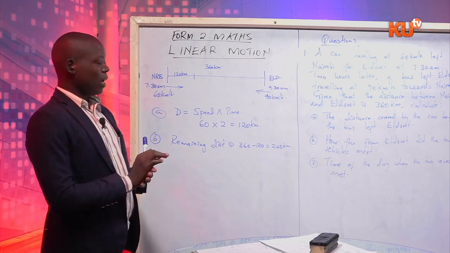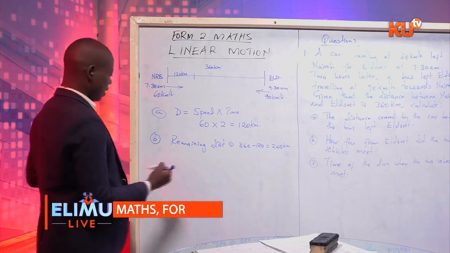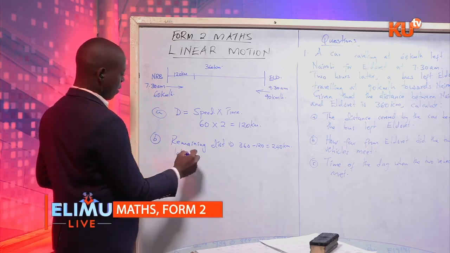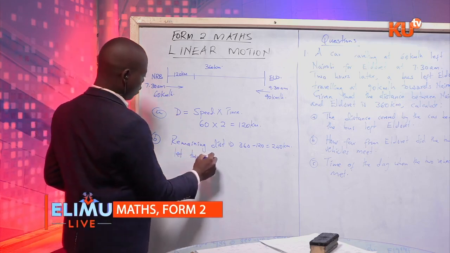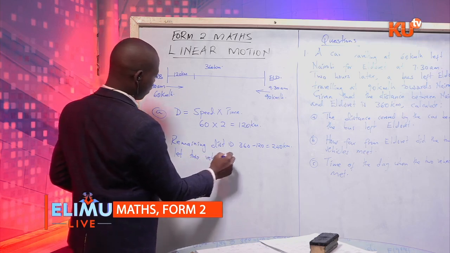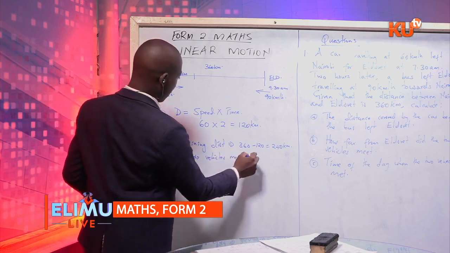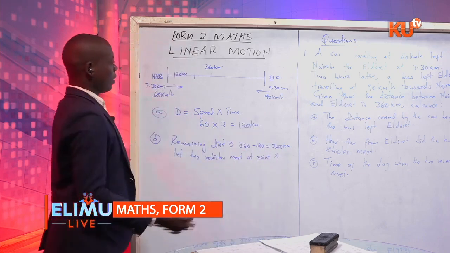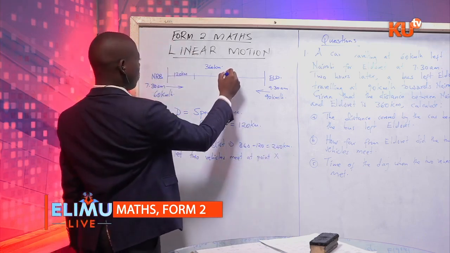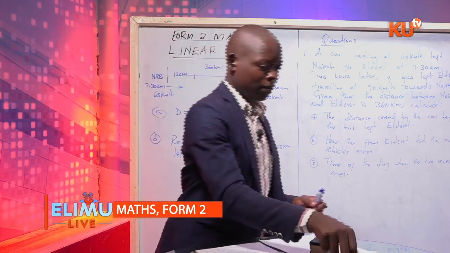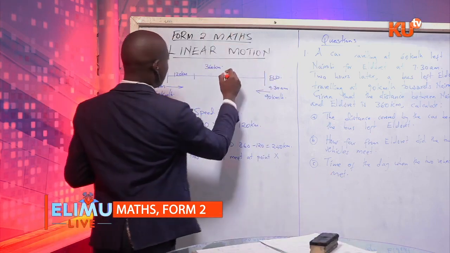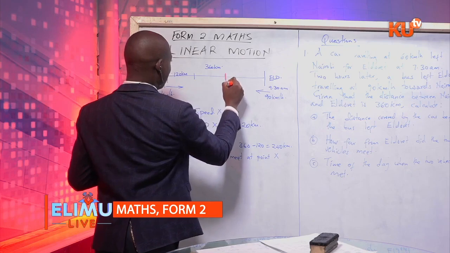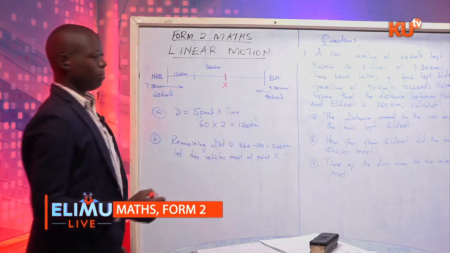I want us to assume that the two vehicles meet at point X. So I come to my diagram. This is point X, where they are meeting. Where we have the red line, this is the meeting point.